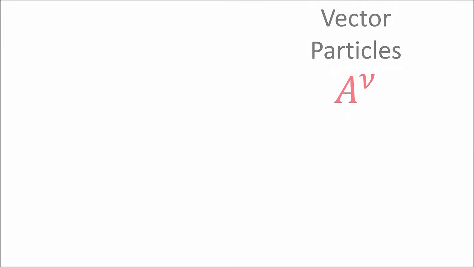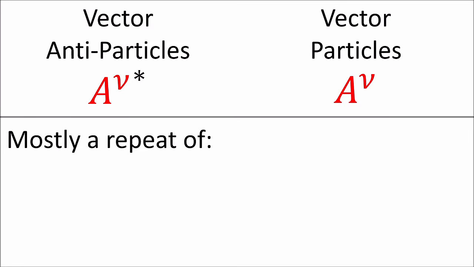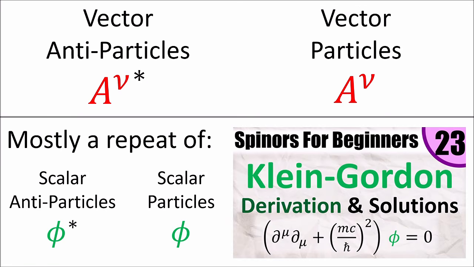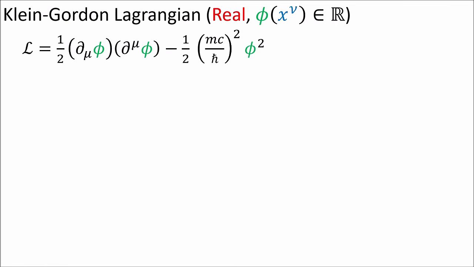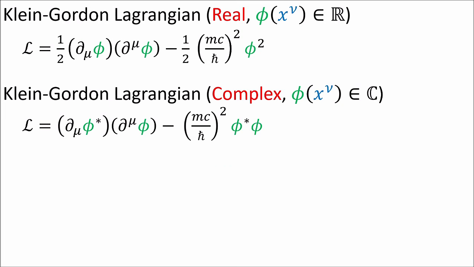The last thing I'll cover in this video is the notion of vector particles and antiparticles. This will largely be a repeat of the explanation of antiparticles in my Klein-Gordon video, so if this explanation goes too fast, you can review that video. So with the Klein-Gordon field, we found that if we made the scalar field phi complex, and wrote this Lagrangian with phi star phi product terms, we actually doubled the number of solutions.